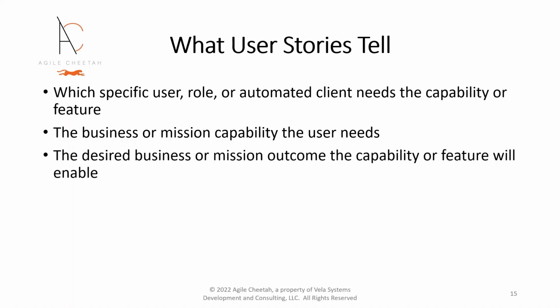The resulting software functionality will enable the accomplishment of that business or mission outcome. The desired business or mission outcome the capability or feature will enable. User stories answer the tangible business or mission outcome that will be achieved as a result of using the implemented feature. The outcome is often the execution of a business or mission process or task.